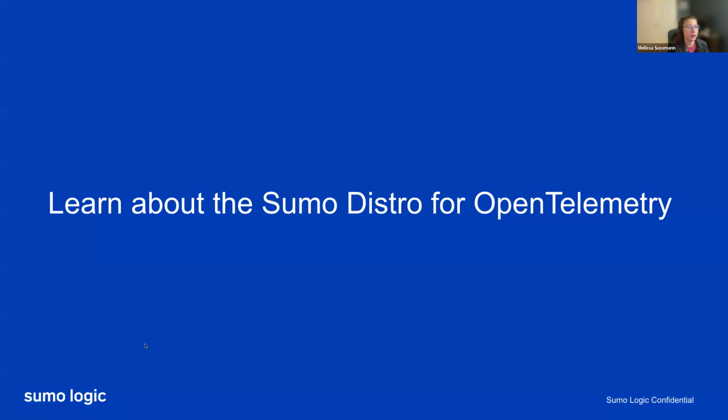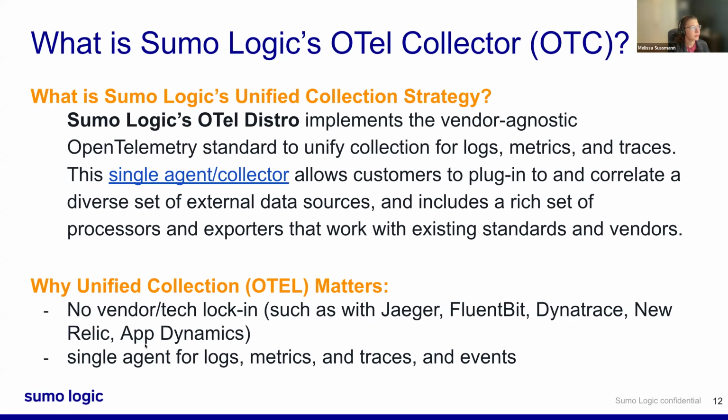So here we're going to learn about the Sumo Logic distro for OpenTelemetry. This is just more our perspective on why we like what we actually provide with it. We implement the vendor agnostic OTEL standard, and that entails that single agent collector so you can plug in and correlate a bunch of different signals and sources.